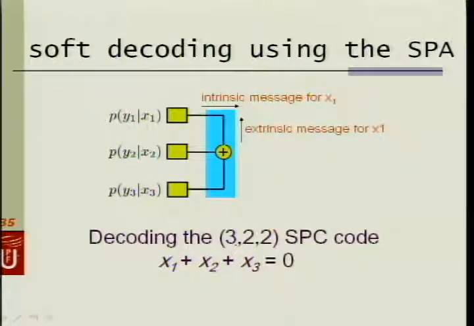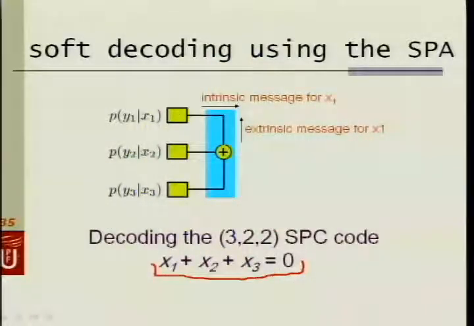This is the (3,2) single parity check code described by a single constraint, x1 plus x2 plus x3 equal to 0. So the blue shaded area represents the block of an Iverson function: x is a codeword. Okay, so we splice this block to the blocks representing the channel, and this is what we have.